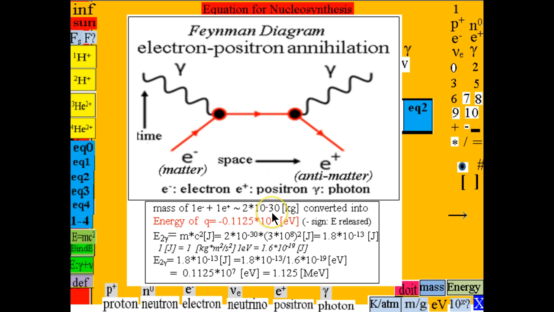Here is the famous Feynman diagram of an electron-positron annihilation. Here you have the electron, which is matter, and you have a positron, which is antimatter, and both have mass, and they collide and they become photons.